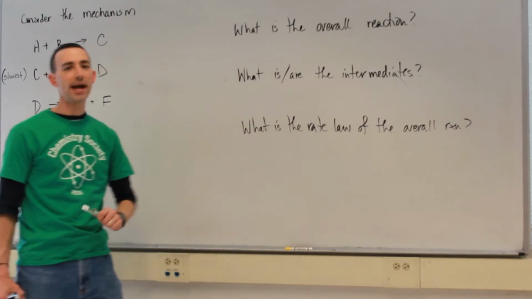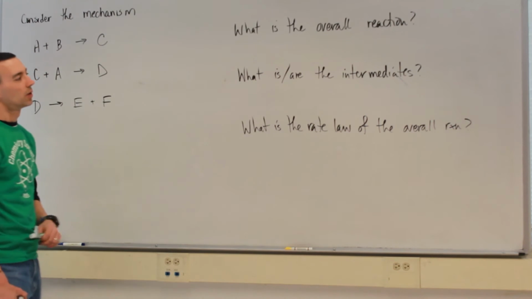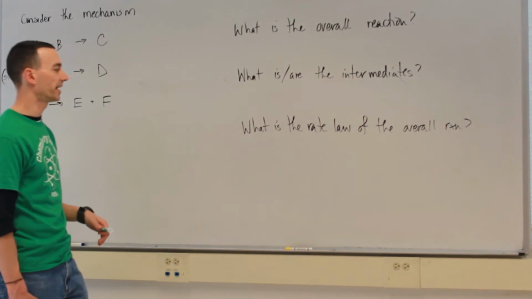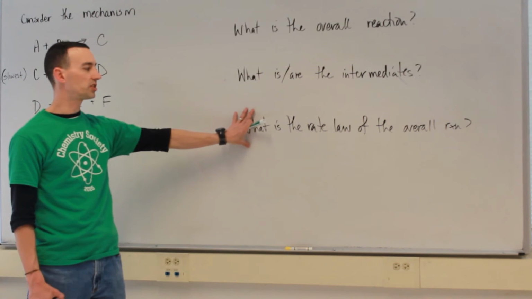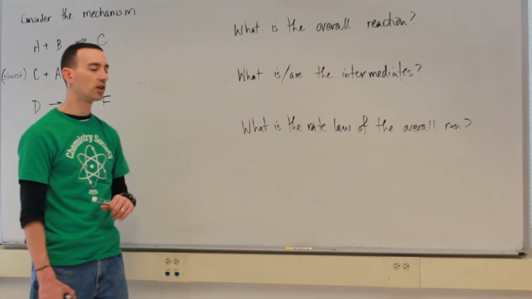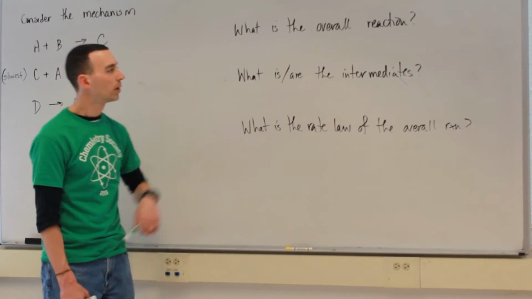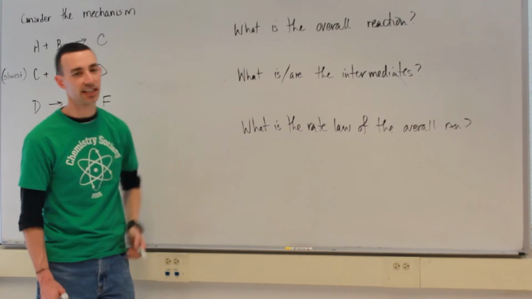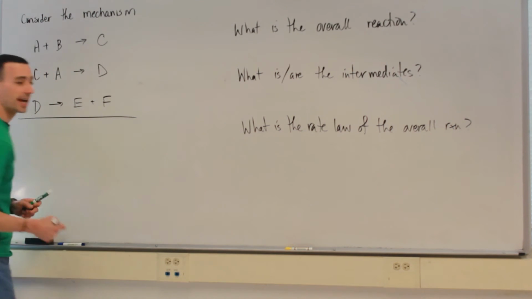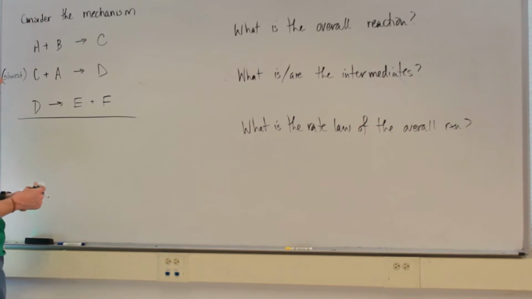What's the overall reaction being described? What is or are the intermediates, the intermediate products, if there are any? And then, can you use this to determine the overall reaction's rate law, the rate law of the overall reaction? Okay. But even if the first question wasn't asked, it's what we always need to do. So we just would sum up our reactions, sort of like Hess's law, looking for any cancellation across our arrows.